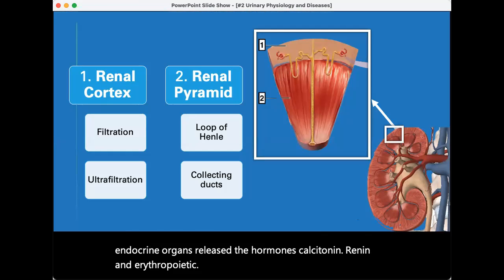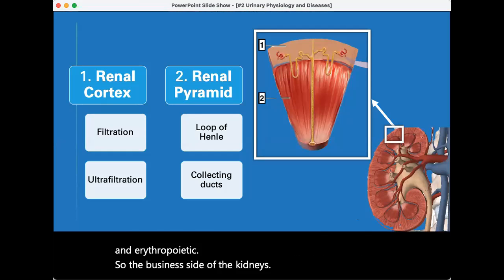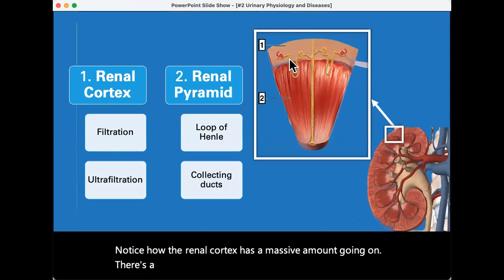So the business side of the kidneys is shown here, the nephrons, the renal cortex. Notice how the renal cortex has a massive amount going on. There's the glomerulus, the proximal loop, and then the loop of Henle.